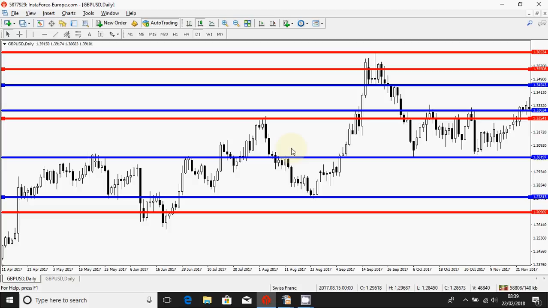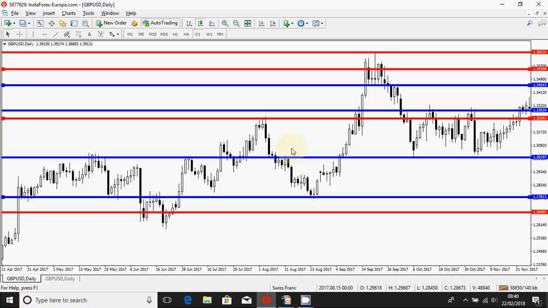The question is, why should you care about these lines? You should always suspect a reversal at support and resistance, as there is a high probability that price action will reverse at those key levels. Note the word probability, note the word suspect. It doesn't say price must reverse.